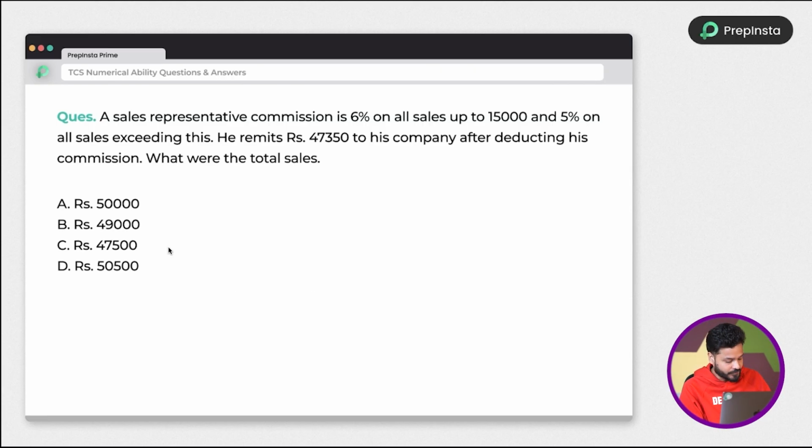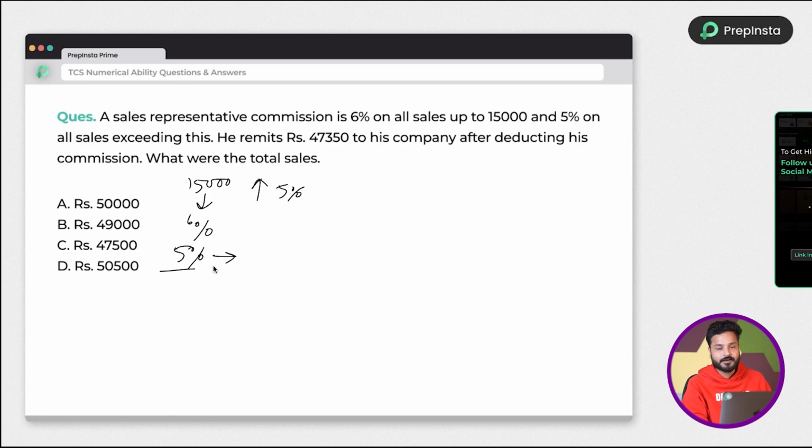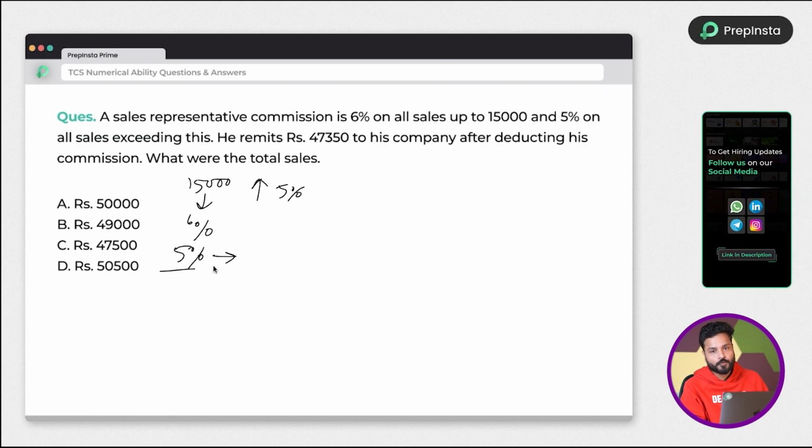So let us start with the same. So what I will do here is, guys, they say for 15,000 the commission is 6%, and beyond that it's 5%. What if we say the commission is 5% throughout? What if the commission is 5% throughout?